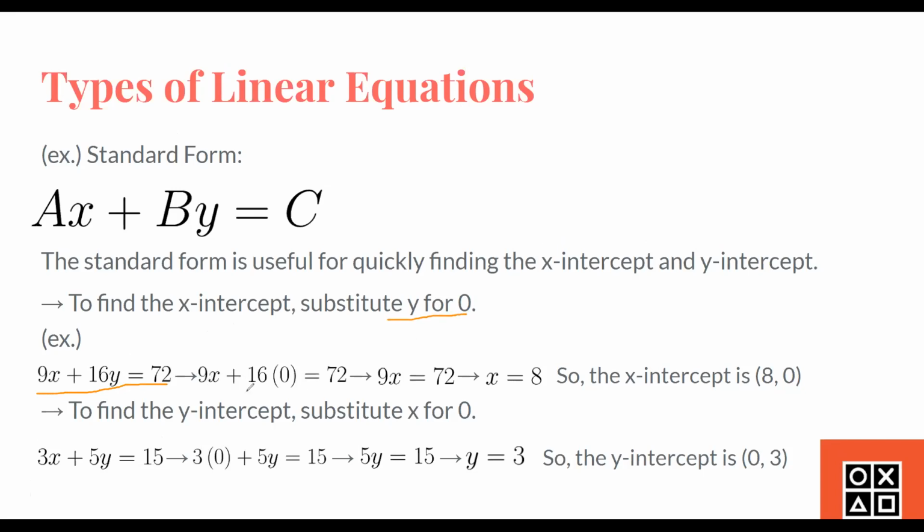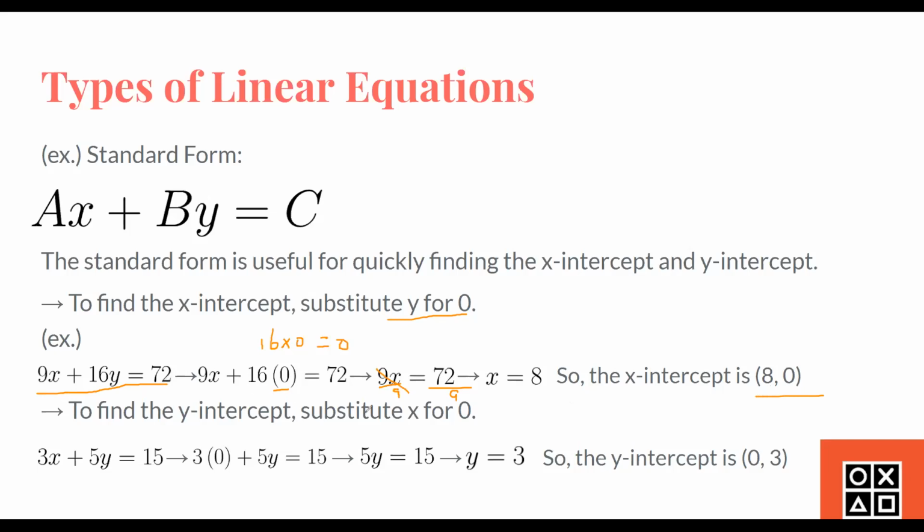So it would be 9x plus 16 times 0 equals 72, which would go to 9x equals 72, because 16 times 0 equals 0, so we wouldn't include this. 9x equals 72, then if you divide both sides by 9, x would equal 8. So the x-intercept is 8, 0.